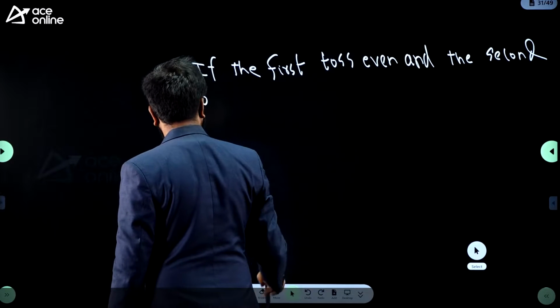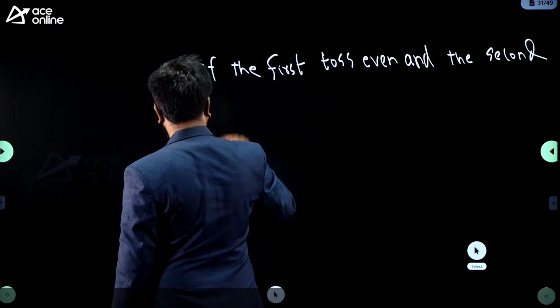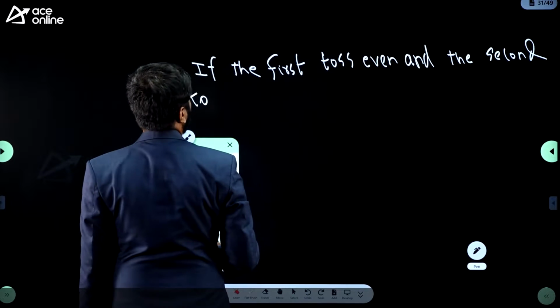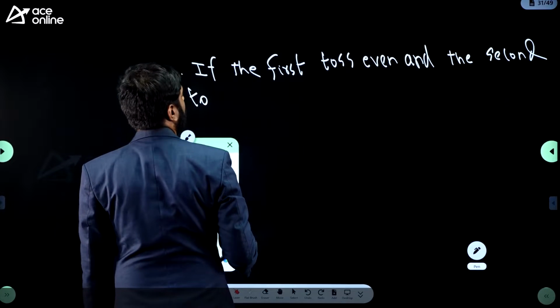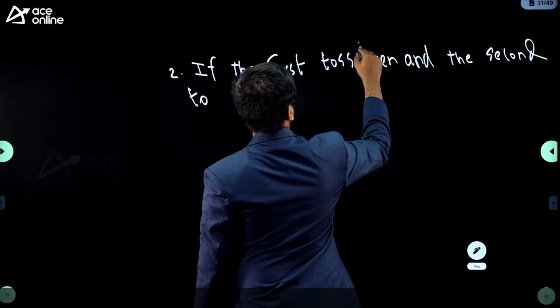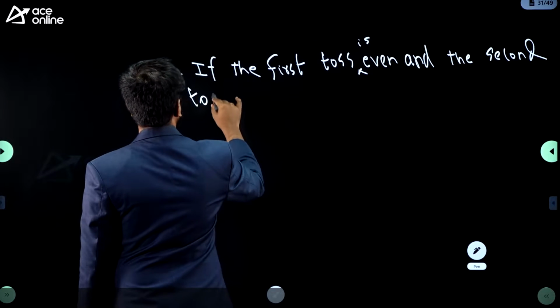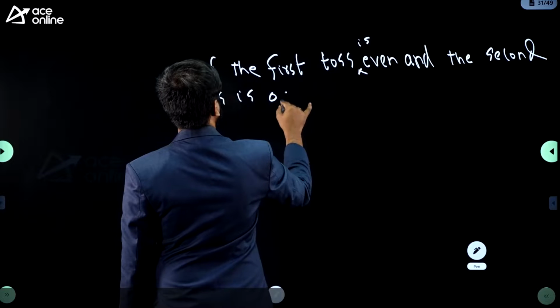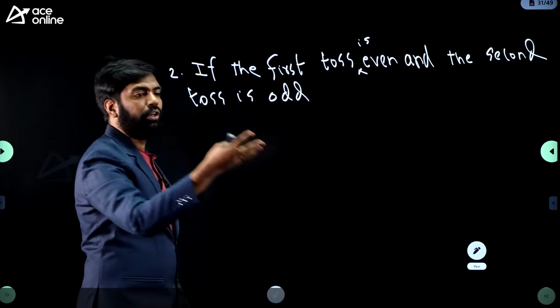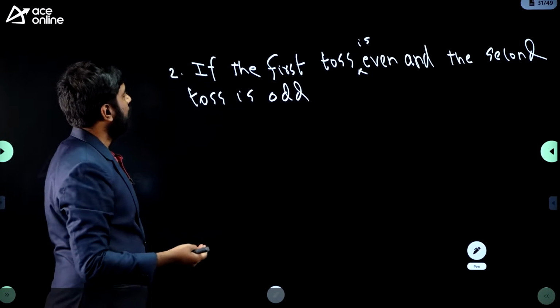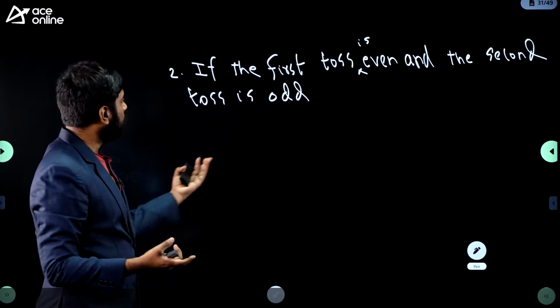So let me just write toss here. If the first toss is even and the second toss is odd, so you have a die, you have tossed it, the first outcome was even, the second outcome was odd.